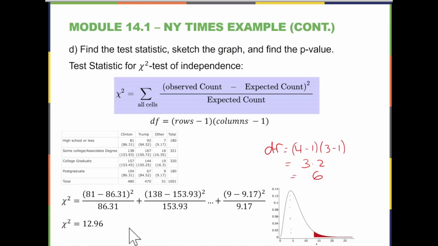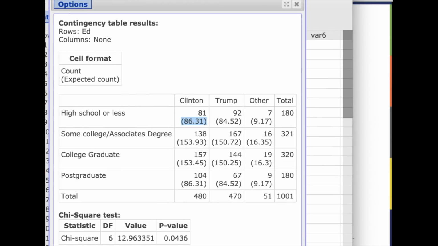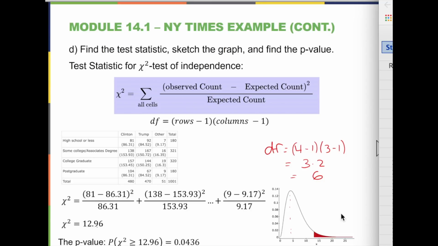Now when I calculate that, I get a p-value of 0.0436, which again is all done for you in StatCrunch. I just want to show you the theory behind it.